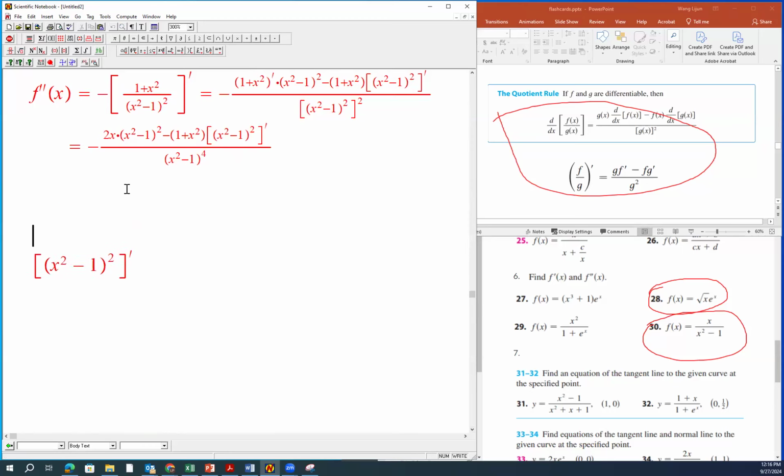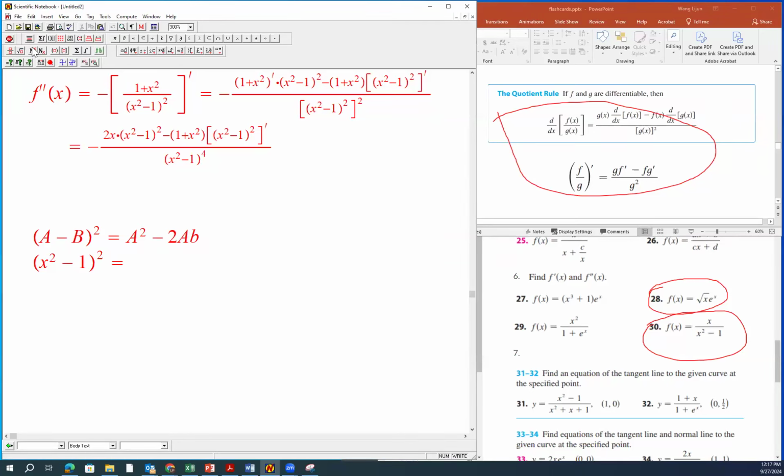Before we take the derivative, we're going to FOIL this piece. This is a typical a minus b squared, and that equals a squared minus 2ab plus b squared.